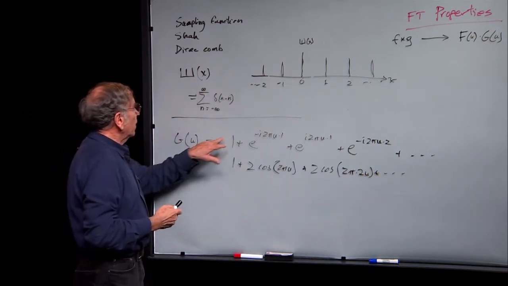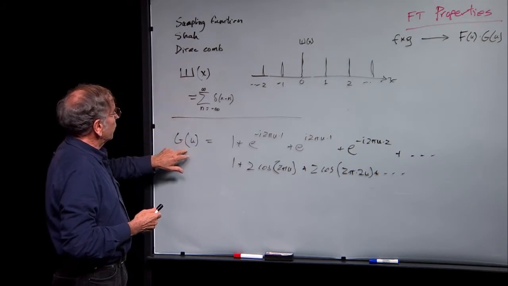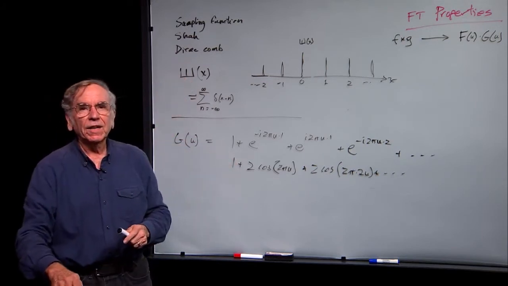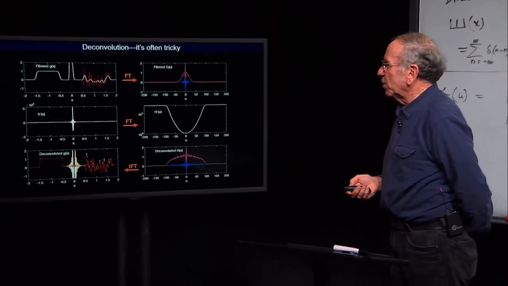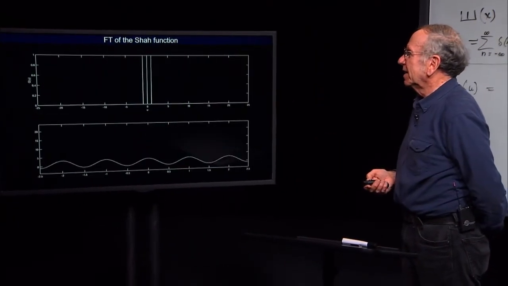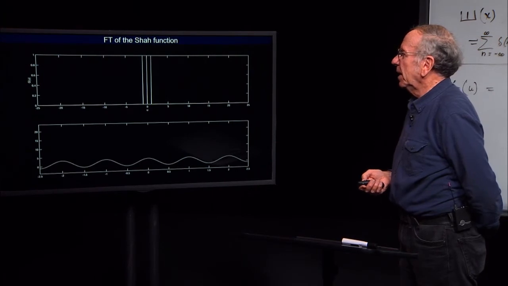Okay, so that's what the Fourier transform of the Shaw function should look like. It looks like that. So it's not easy to prove, so I'm going to give you a numerical example.